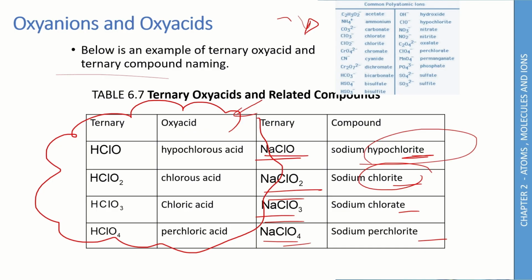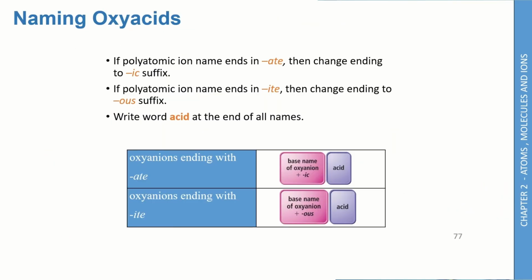And here we have the oxyacids. So you change the ITE to ous and you change ATE to ic. Okay? So naming oxyacids is not hard. ATE will change into ic, while ITE will change to ous.